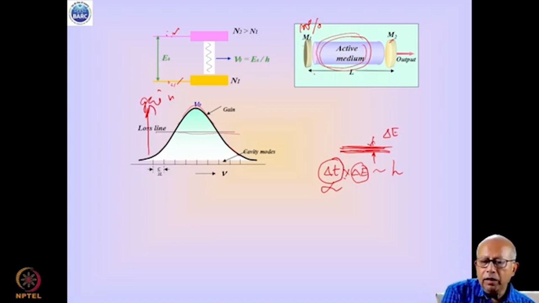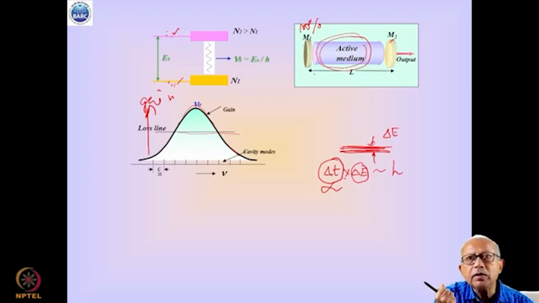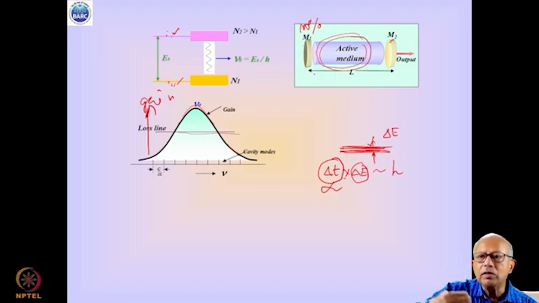If a mode exhibits more round trip loss than gain, it cannot survive. Consider light at that mode frequency traveling to and fro. Start from here, travel to this mirror, and come back here. As it travels and comes back, it experiences gain because it travels through the population inverted medium. As a result of stimulated emission, the number of photons increases, therefore the intensity builds up.